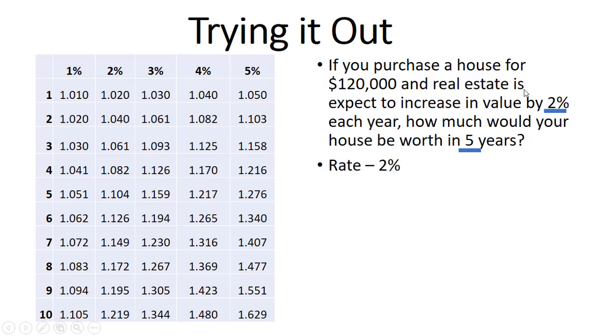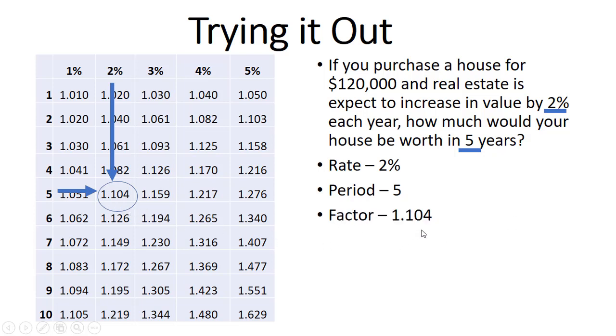In this case, our rate was 2%. Our period is 5 years. So we're going to take that information, go over to our chart here, find the 2%, and take it down and intersect it with 5 periods. At the intersection of 2% and 5 periods, we get the factor of 1.104.